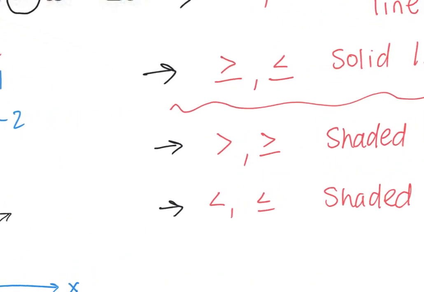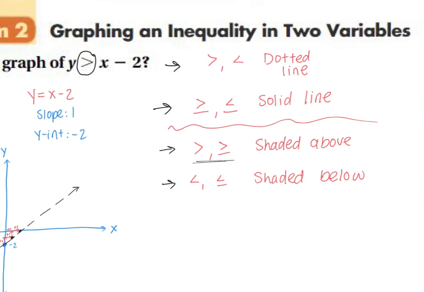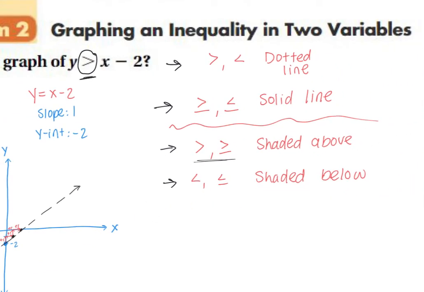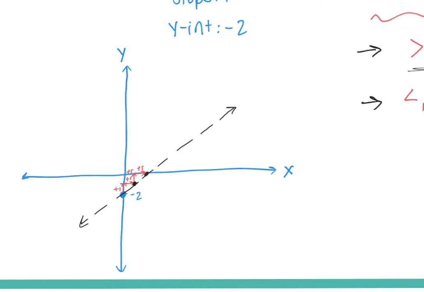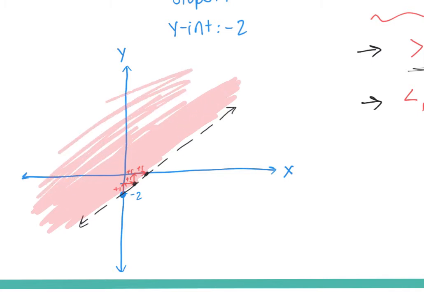If it's greater than, it's shaded above. Do you see how this is a greater than symbol? We're going to shade above our line. If it was the other way around, we would shade below. So above our line is anything on top, okay? So let's just take a highlighter and shade the region above this line. Yep, all the way up to the end of the graph.